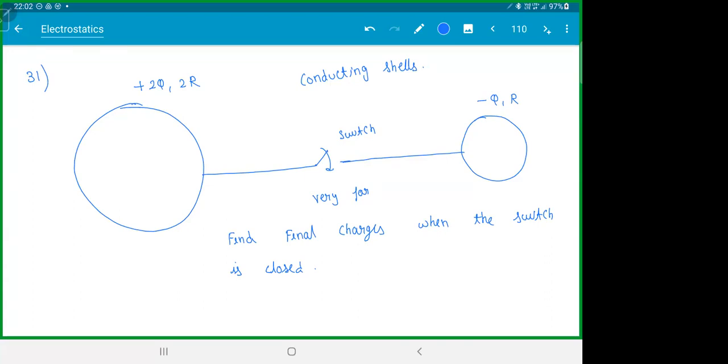How do you do this? Q by 2, Q by 2 होगा.